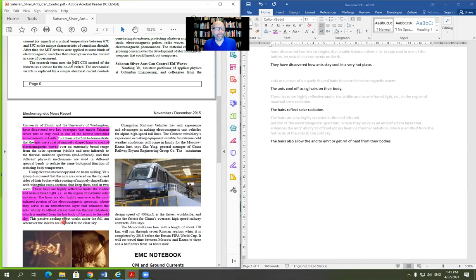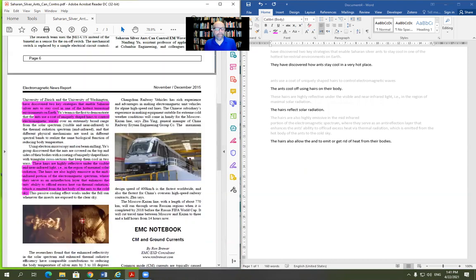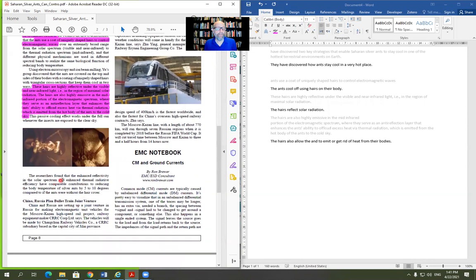This passive cooling effect works under the full sun whenever the insects are exposed to the clear sky. The researchers found that the enhanced reflectivity in the solar spectrum and enhanced thermal radiative efficiency have comparable contributions to reducing the body temperature of silver ants by 5 to 10 degrees compared to if the ants were without the hair cover. This is all one sentence.